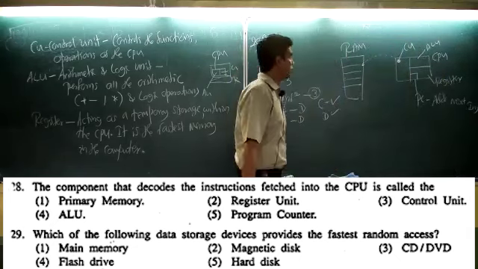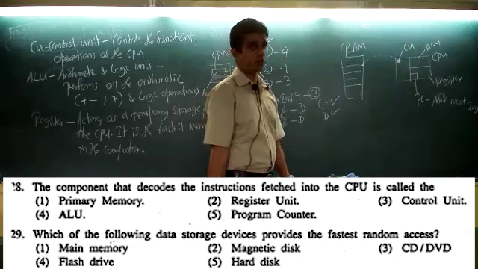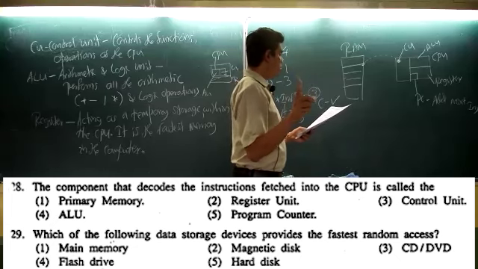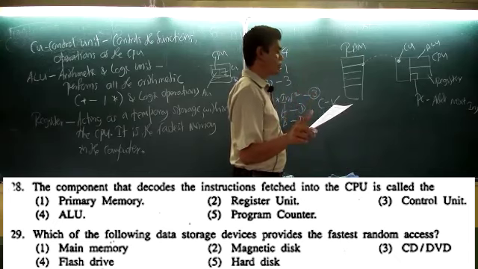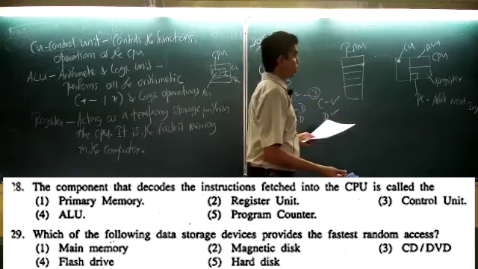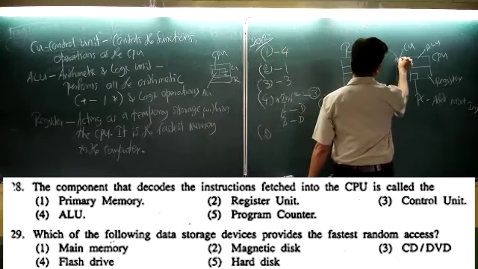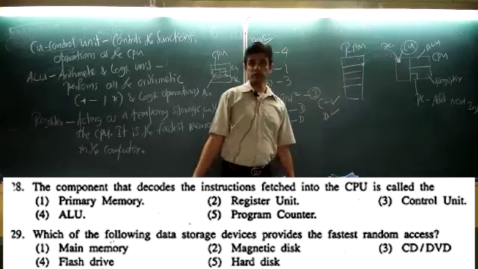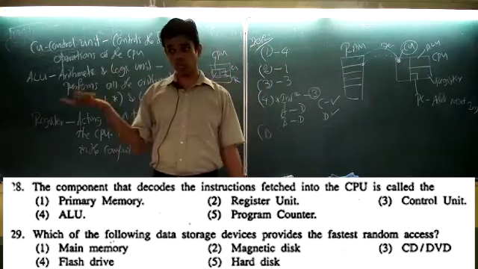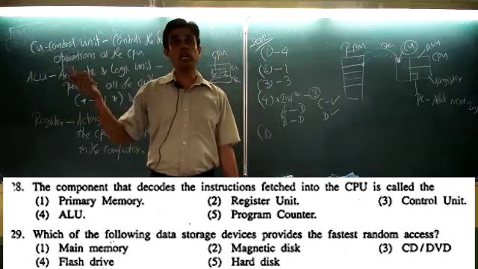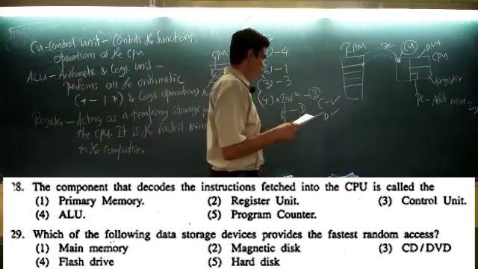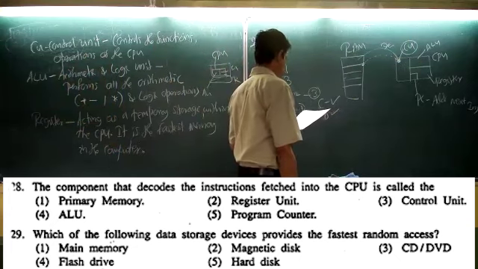Correct? That's maintained by the program counter. But this is asking for the component that decodes the instruction fetched into the CPU. Whenever the instruction is fetched, that has to be decoded, still done by the control unit. Right? ALU is doing processing, decoding is done by the control unit. So the answer goes for the control unit. 3 is the answer.